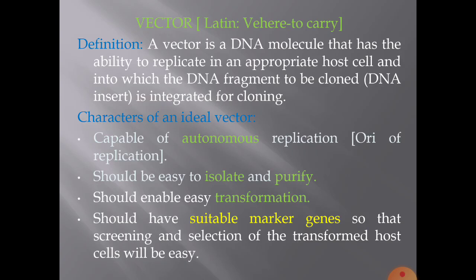Here in RDT, a vector is a DNA molecule that has the ability to replicate in an appropriate host cell and into which the DNA fragment to be cloned is integrated for cloning. Here you should note two things. One is a vector should have the ability to replicate in an appropriate host, whether it is a bacterial cell or a plant cell or an animal cell.